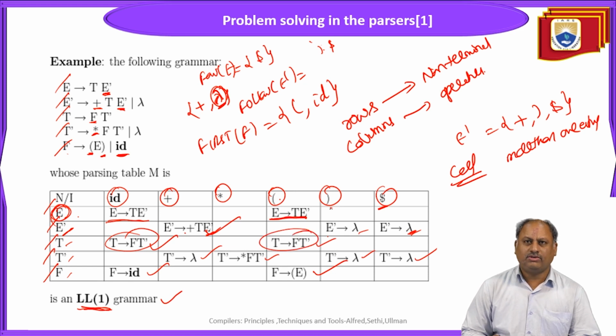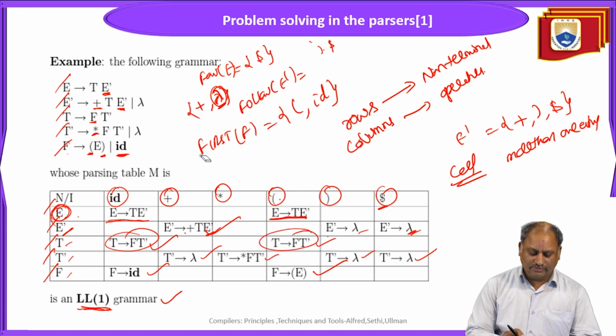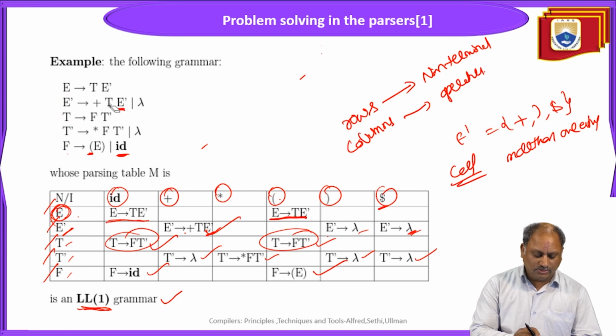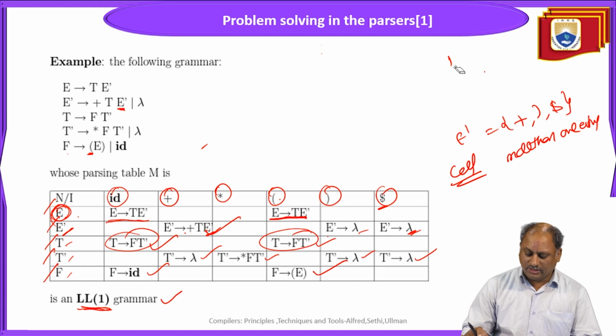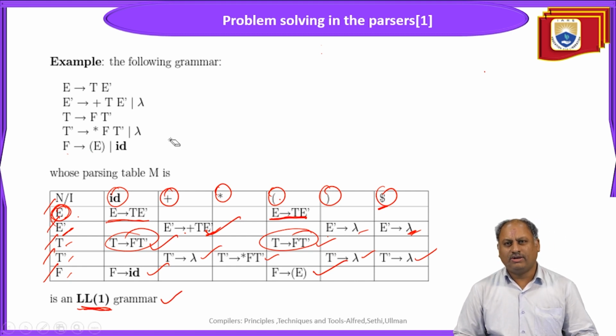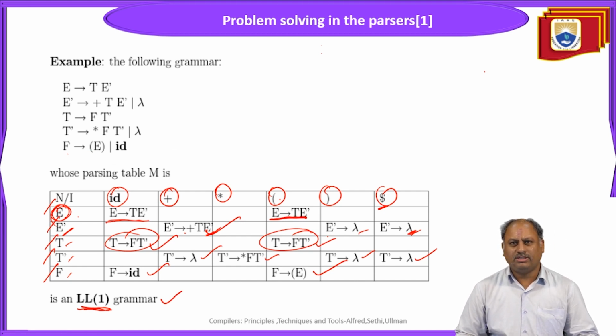Like this we are going to compute all the first and follow functions for different grammars, and make sure whether the entries are based on the rules given by first and follow, and then form the parser table with the rows and columns. If the corresponding entries defined are more than one, verify that based on the given grammar.